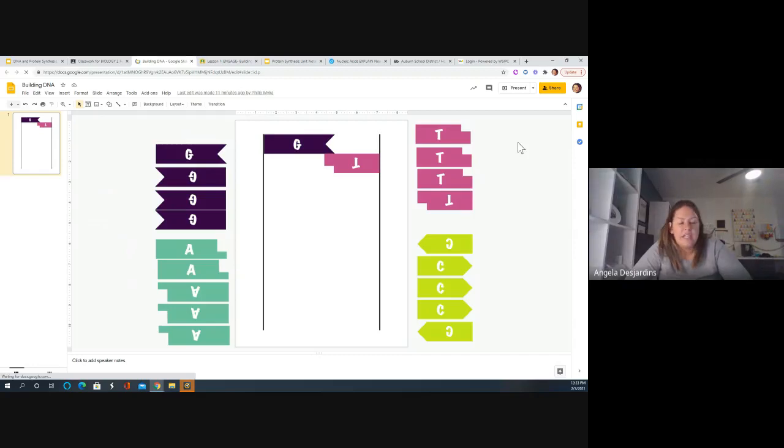Your goal is to get all of those puzzle pieces to fit inside your playing field right here. You guys figure that out. However you can figure out how to get it in there, that's how you get it in there. But I've set the first 2 in there for you so you can use that as your template.